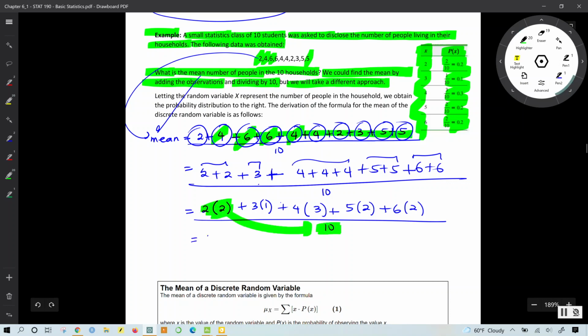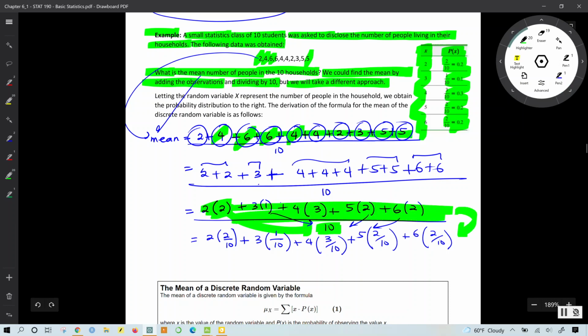So I have 2 over 10 plus, the next one is 3, 1 over 10, plus 4, this is 3 over 10, and then plus 5, that will be 2 over 10, and then plus 6, 2 over 10. This line is equivalent to this line.